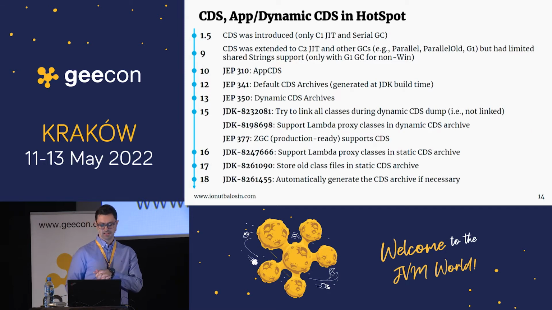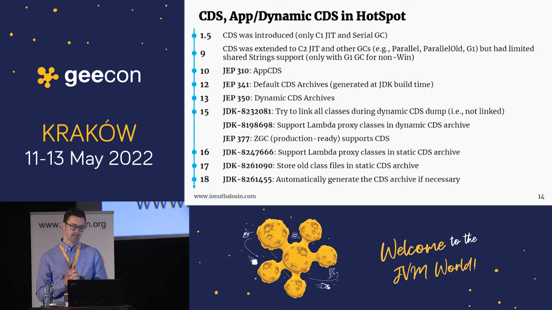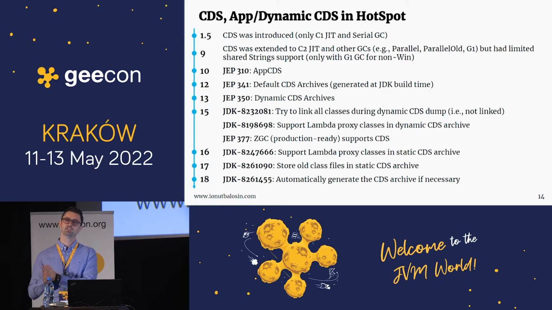And recently in 18, there was another interesting feature. The problem with AppCDS and CDS or dynamic CDS was that if you create the archive with one specific JDK distribution, you cannot use it with a newer JDK distribution. For example, if you create it with 16, you cannot use it with 17. It's not like bytecode.